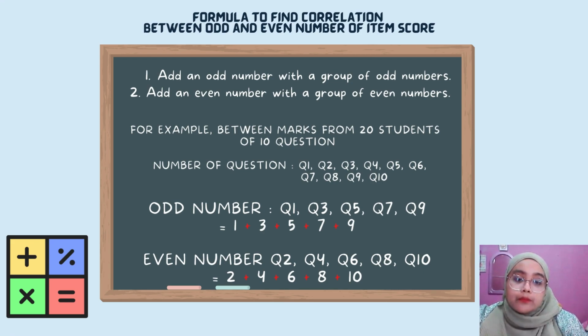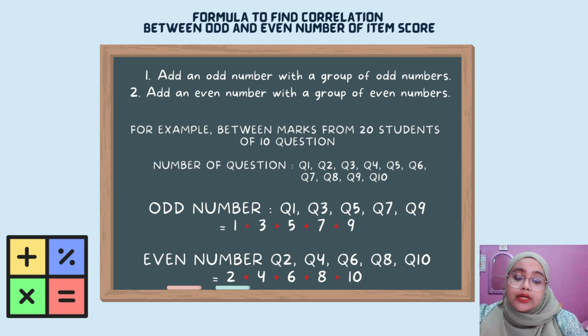For example, between marks from 20 students of 10 questions, the questions are question 1 until question 10. The odd numbers are question 1, question 3, question 5, question 7, and question 9, and you must add all of them: mark of question 1 plus mark of question 3 plus mark of question 5 plus mark of question 7 plus mark of question 9.